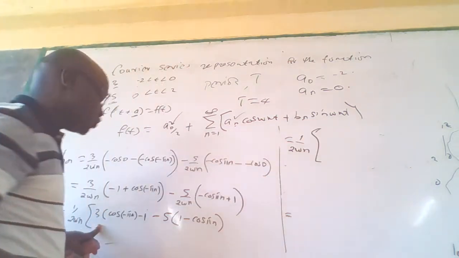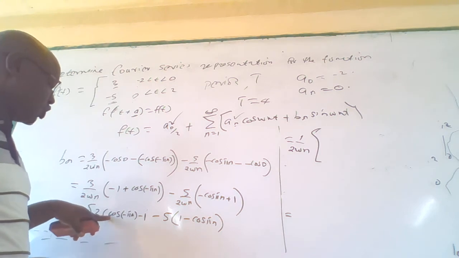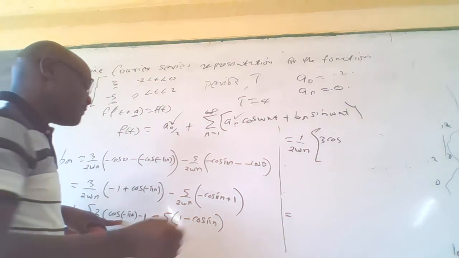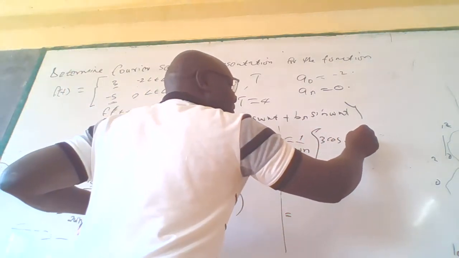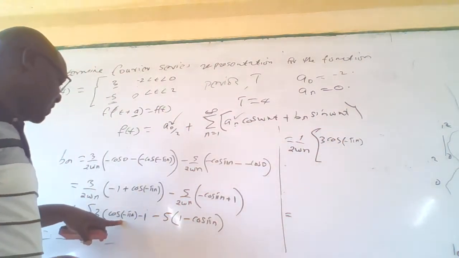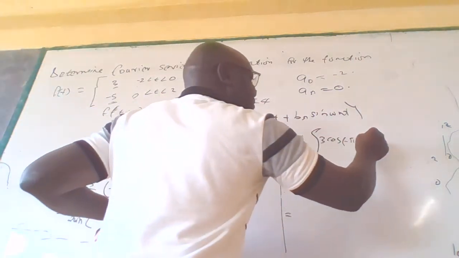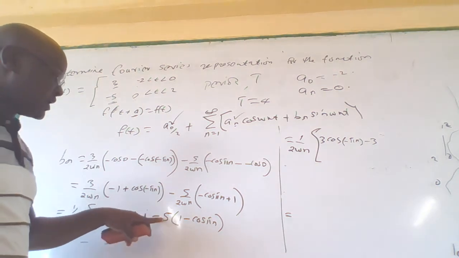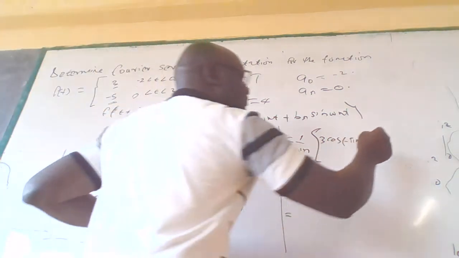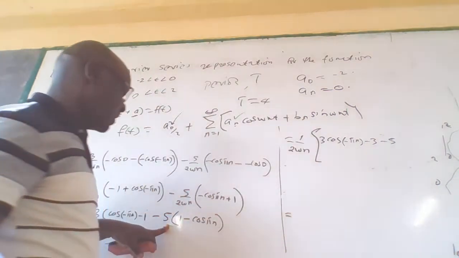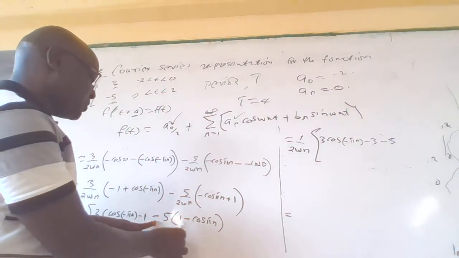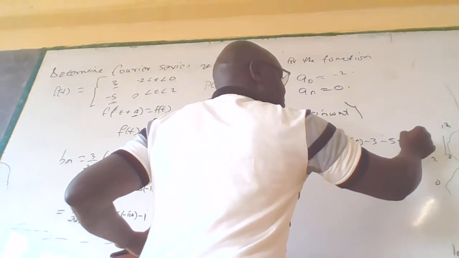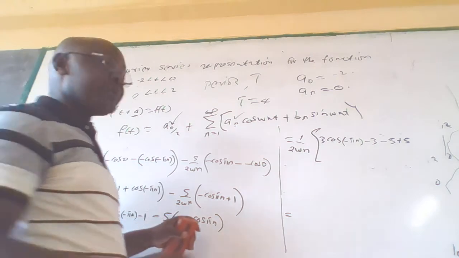Now we open the bracket: it will be 3 cos of minus pi n minus 3, and then, multiplying by minus 5, when you open this bracket it will be plus 5 cos pi n.